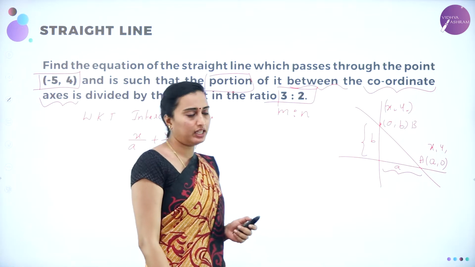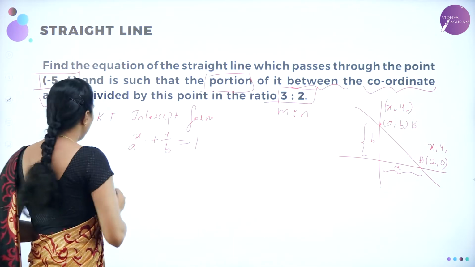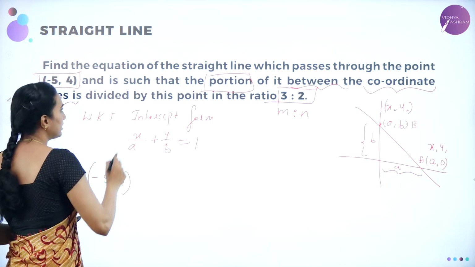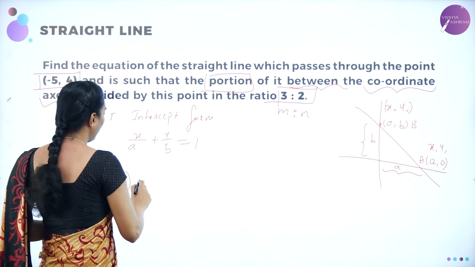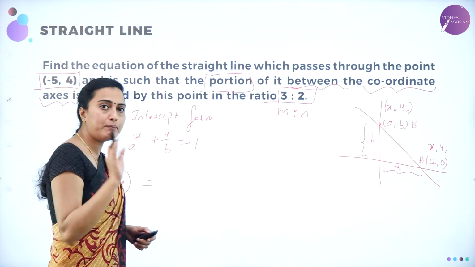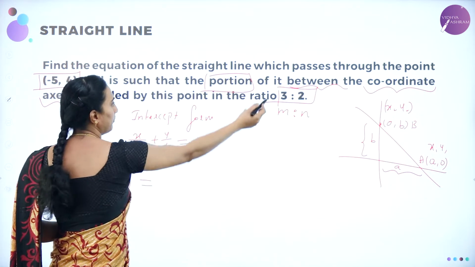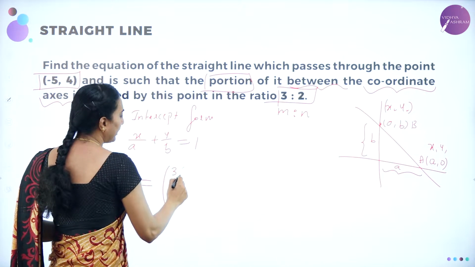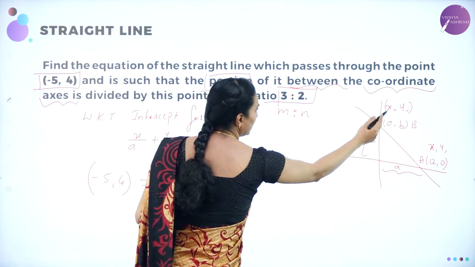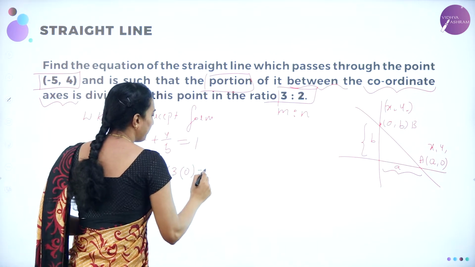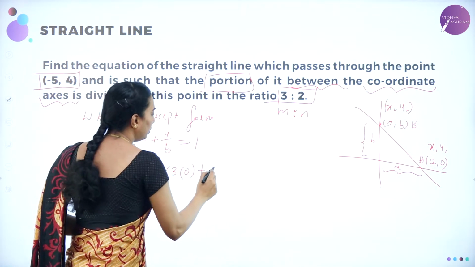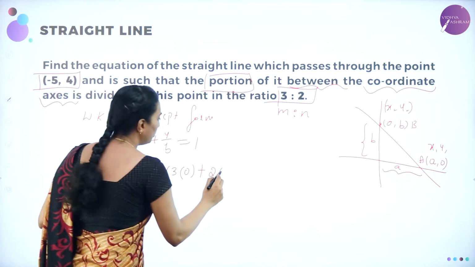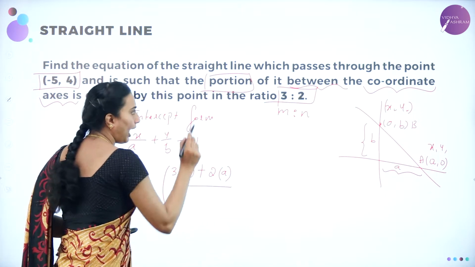Therefore, you can take that point as minus 5 comma 4, that is x comma y, which implies m into x2. m is nothing but 3, so that is 3 into x2, which is 0, plus n into x1, that is 2 into a, divided by m plus n.